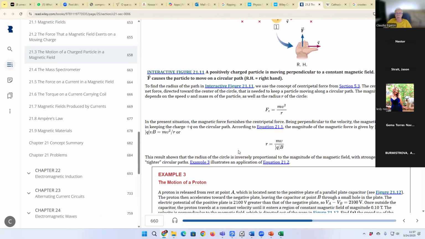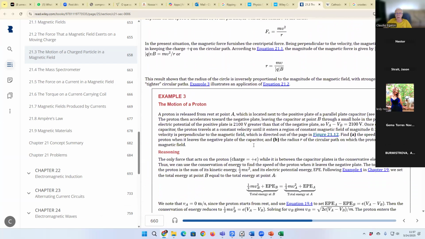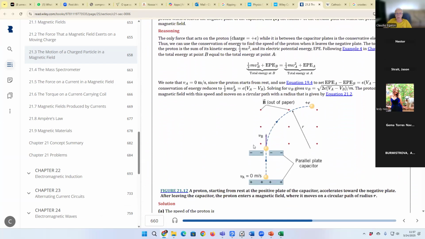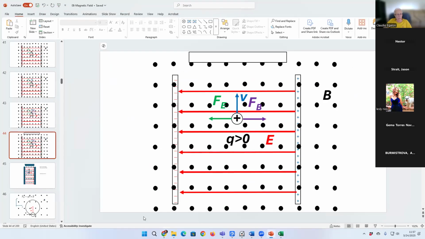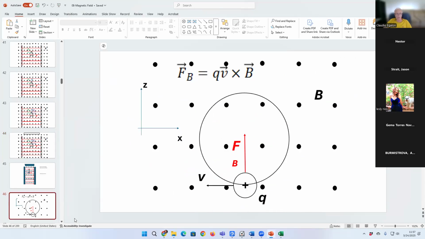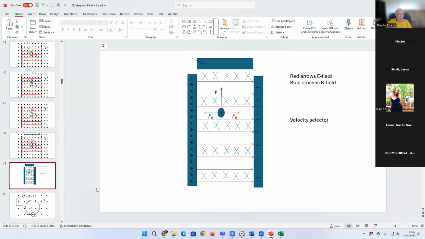Motion of proton, here you go, we calculated this radius, right? And now we can start talking about the mass spectrometer.